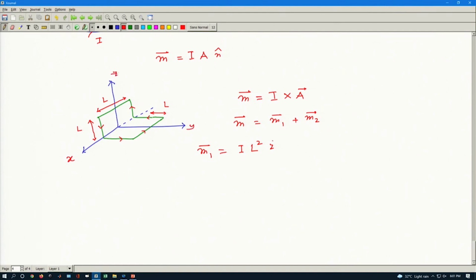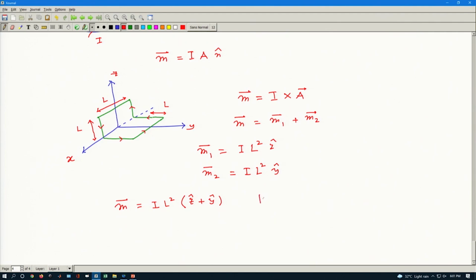For this case it is the z unit vector, and for m2 similarly we have I L square, with the unit vector along y. Now, the total m should be simply the vector sum, I L square times the vector sum of the z unit vector and y unit vector.